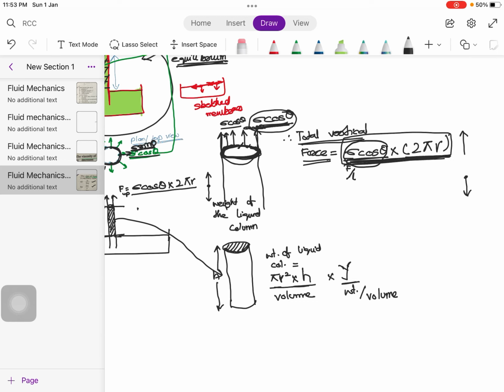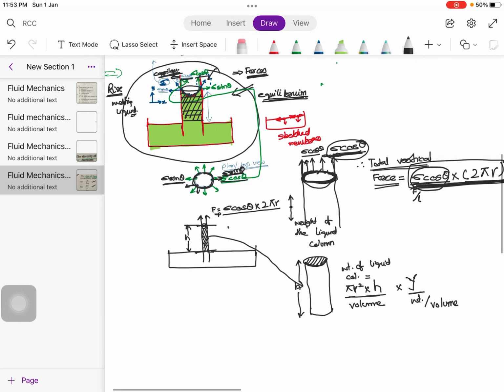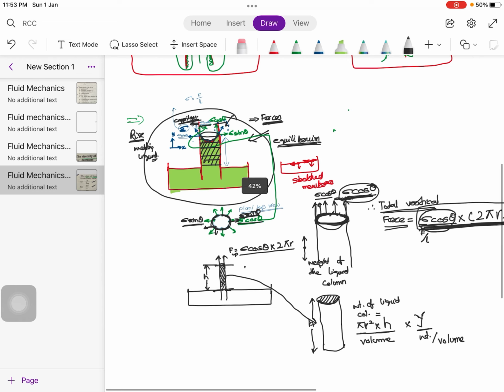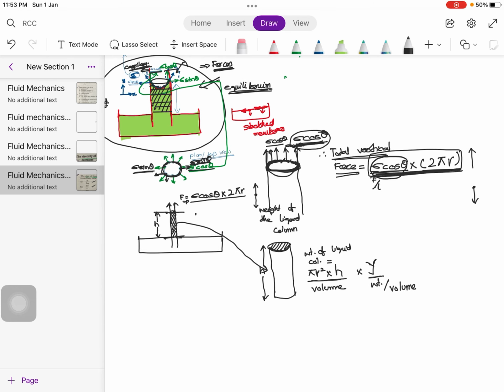We have taken a product of these two to find out the total force which is acting in the vertically upward direction. And since this liquid which has risen in the capillary tube is in equilibrium, there must be a total downward force which balances this total upward force. The total downward force is the weight of this liquid column.